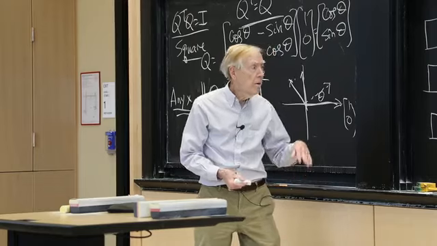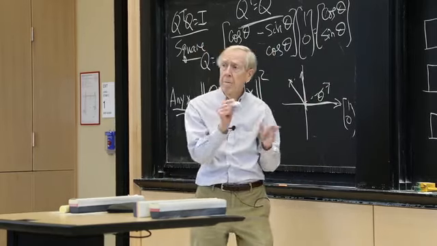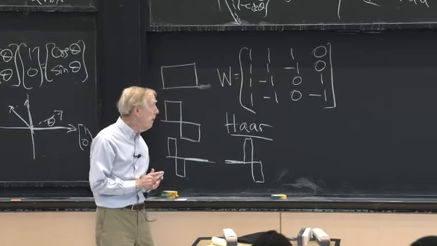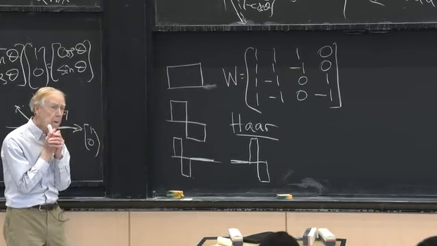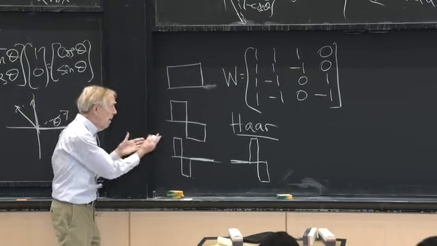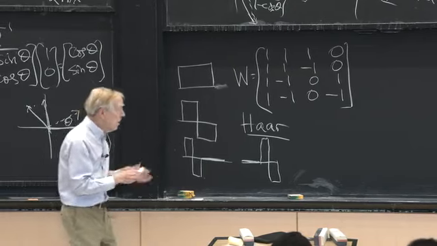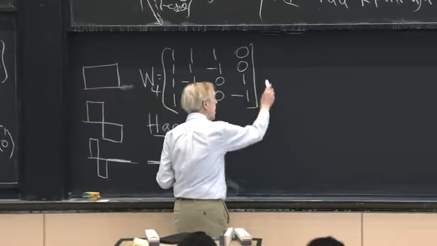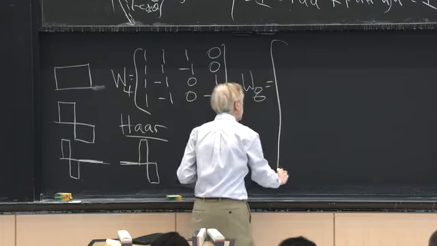Now, I don't know if you want to see the pattern in 8 by 8, but let me start the 8 by 8, so you'll know what these Haar wavelets are about anyway. They're the ones that are kind of easy to visualize. So if that's W4, let's just take a minute. It won't take long for W8.